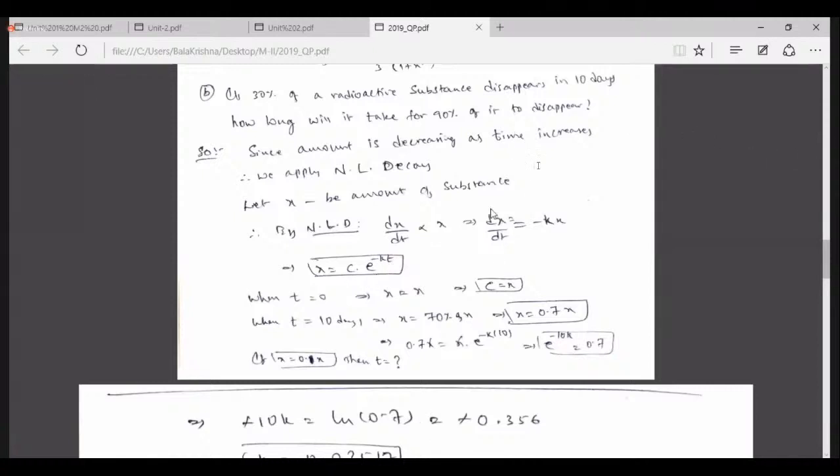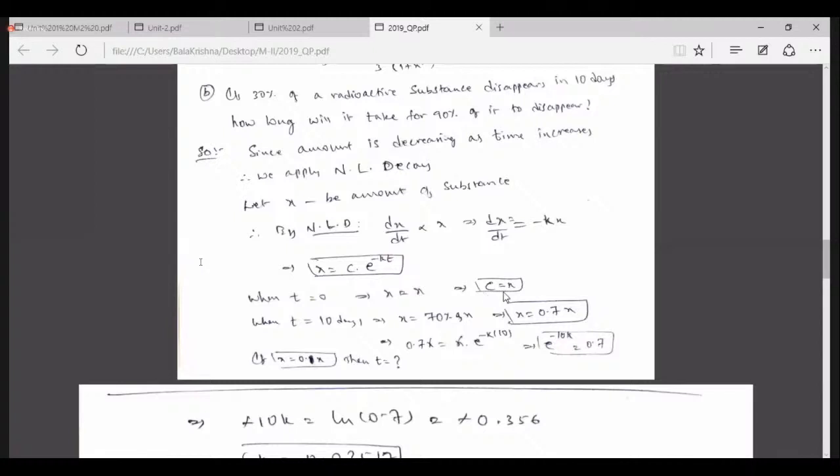So what we are given there: initially, when time is 0, the amount of the substance we don't know exactly what it is. So let us consider that as x only. When time is 0, the amount of the substance is x only. So when you substitute here, x is equal to c into e power minus kt. t is 0. When you substitute 0 here, power 0 is 1. So c is equal to x.